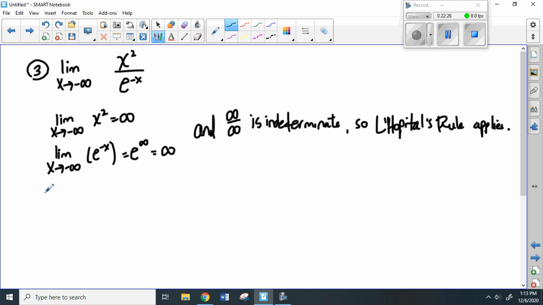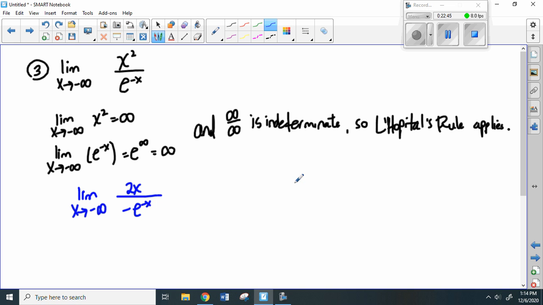And so then I'm actually going to apply it. I get the limit as x approaches negative infinity, and I take my derivative: 2x over e to the negative x times the negative. Then I think, okay, let's direct substitute into that.